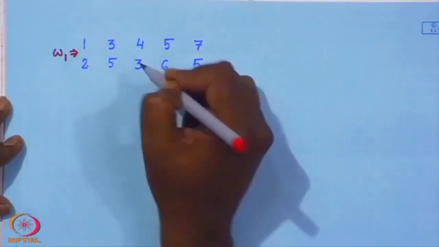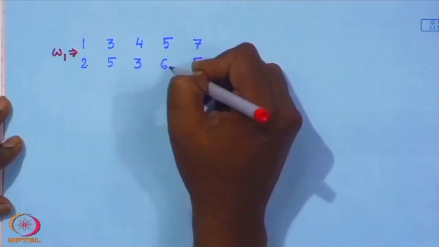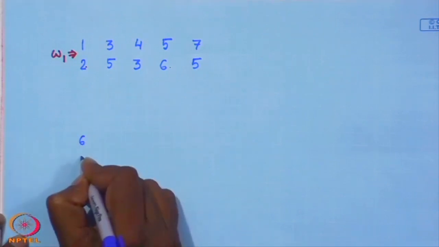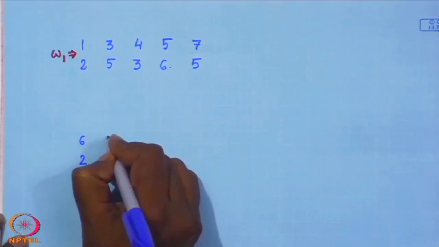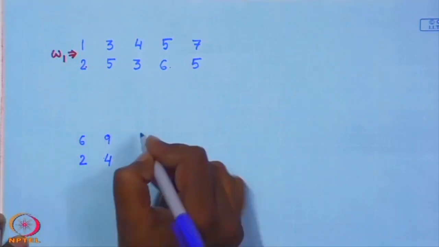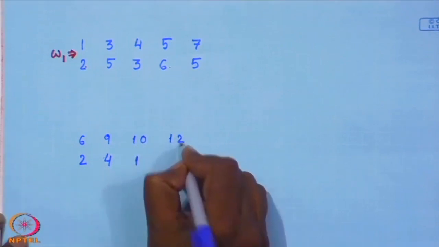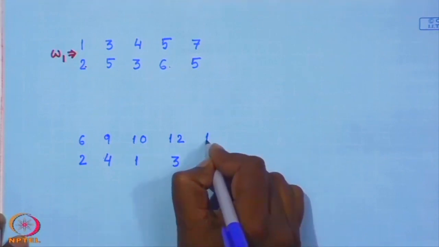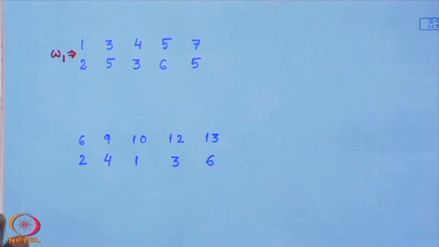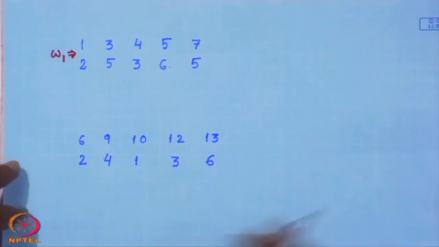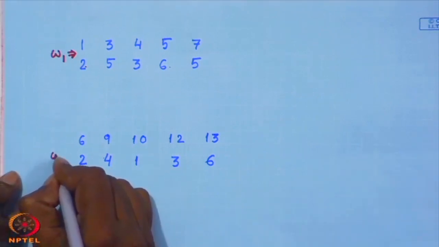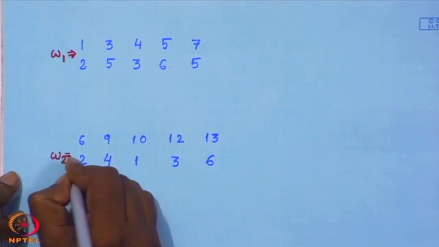Similarly, the other set of feature vectors are (6, 2), (9, 4), (10, 1), (12, 3) and (13, 6), and these are taken from class omega 2.